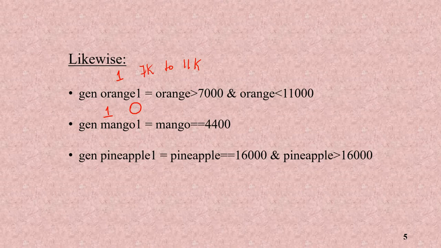Similarly, pineapple1 is also a new binary variable which is created from the original variable pineapple, which is about area in hectare under pineapple cultivation. Here the binary variable pineapple1 will take 1 if the area under pineapple cultivation is greater than or equal to 16,000 hectare, or 0 otherwise.